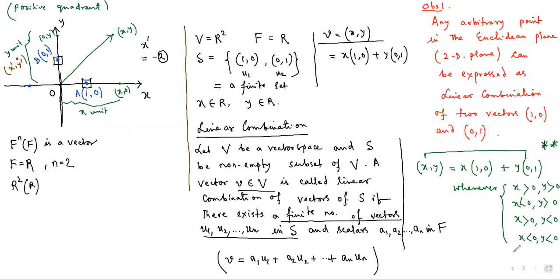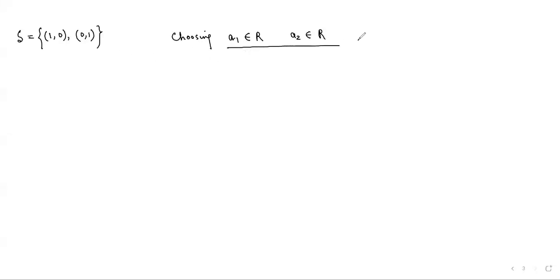The second observation, I'm going to write it on the next page, is as follows. These vectors which are present in S, that is 1, 0 and 0, 1, are a special type of vectors. Why? Suppose I'm choosing two scalars, a1 in R and a2 in R. This is my choice.